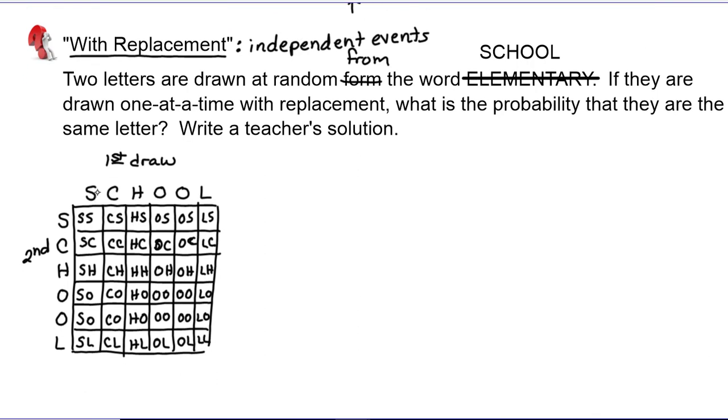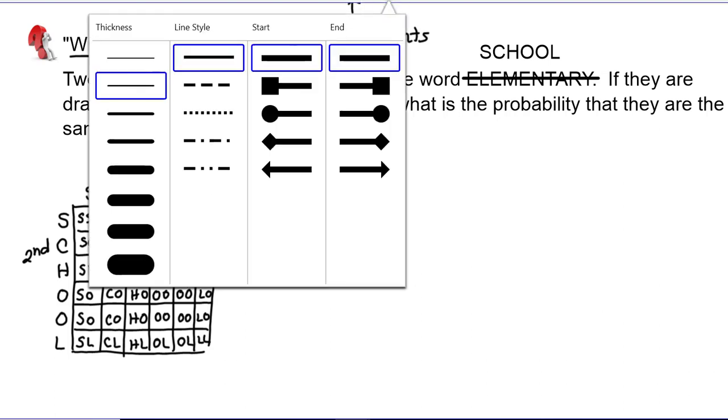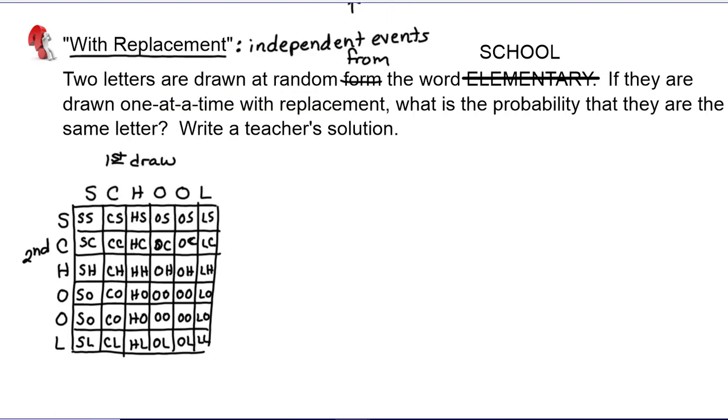So if I draw an S in the first draw, can I draw it the second time? Yes. And the reason I can is because we put it back in there. So now what we're looking at is what is the probability that both are the same letter.